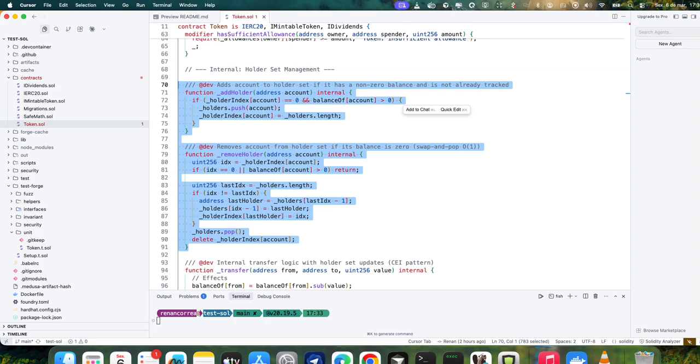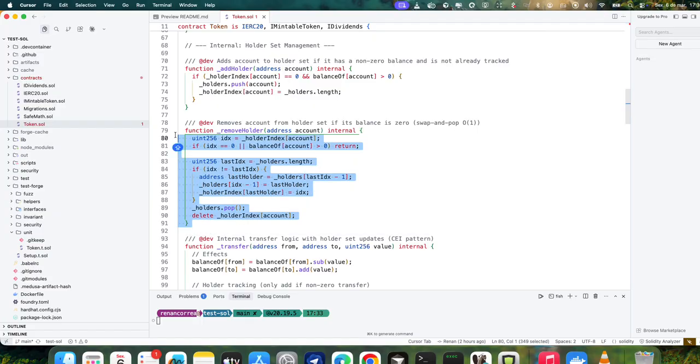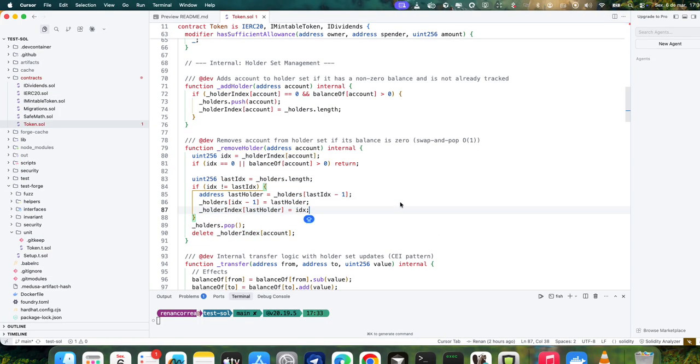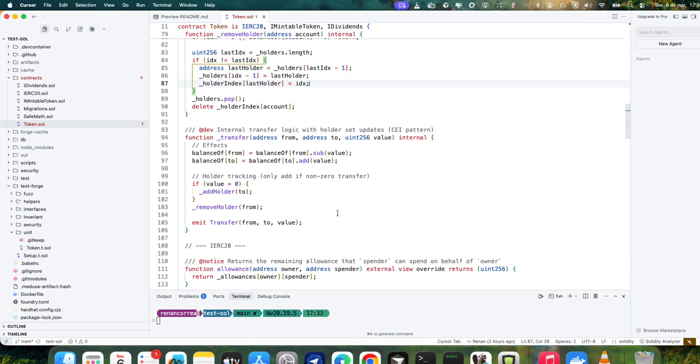This avoids the gas cost of shifting elements, which would be O(n). Instead, both add and remove are constant time operations. This is critical because dividends need to iterate over holders, so we need the array to be compact with no gaps.